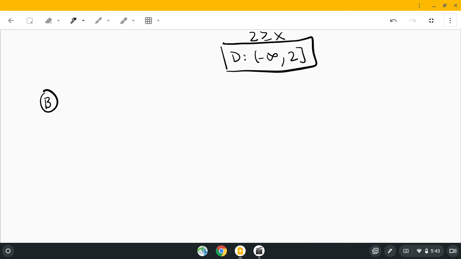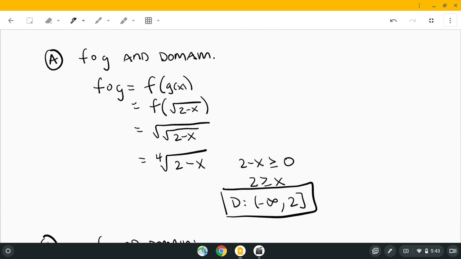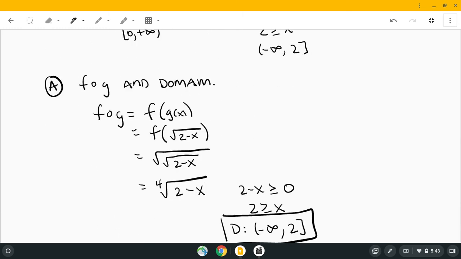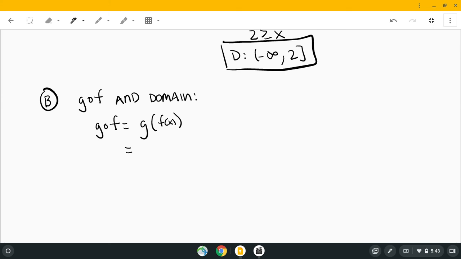Letter B, G circle F, and the domain. All right, so G circle F means G of F. What is F? Square root of x. Okay, square root of x. So G of square root x, that's what we're substituting into the G function.